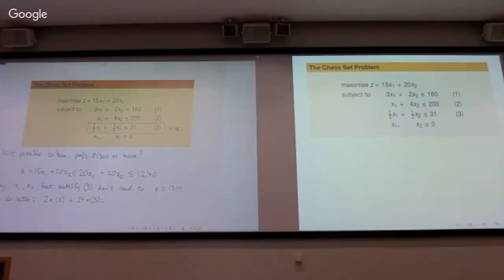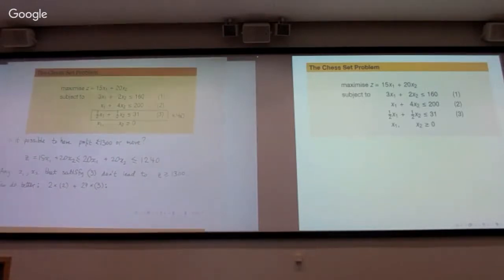Okay, so I'm inventing them because I know. So bear with me for a minute. Now, trust me that these are good values to take.